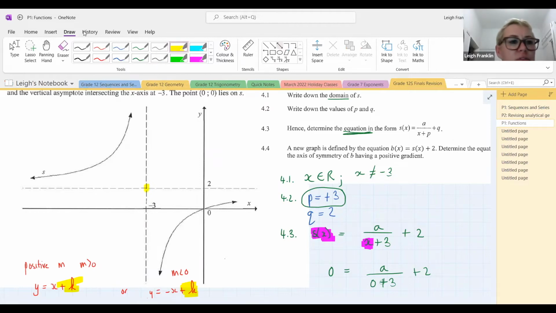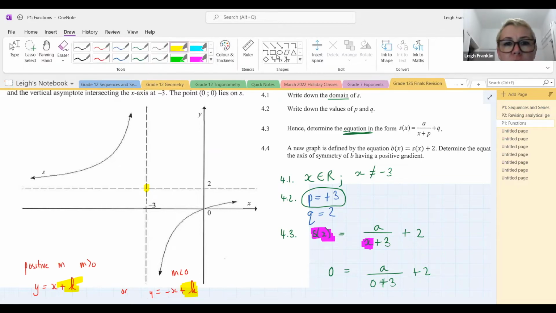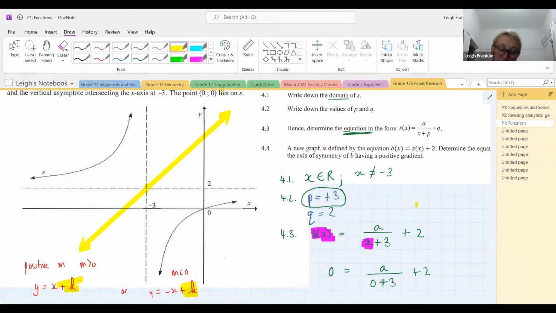So the equation of the axis of symmetry that has a positive gradient is going to look like this. Let me just hang on a second. What I want is that. Okay, it's going to do this. That's what it's going to look like. So it's going to go through the point of intersection of the asymptotes, and it's got a positive gradient.